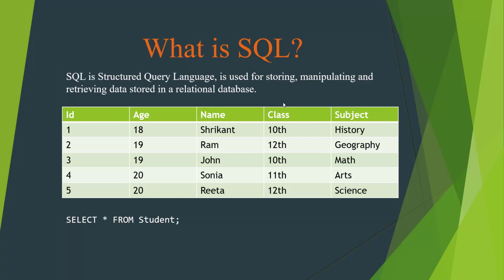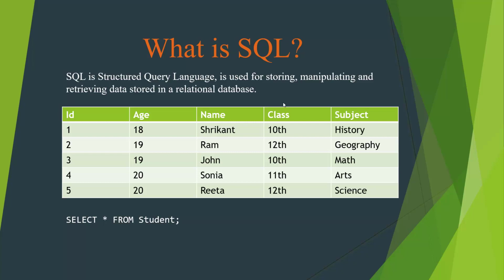Now let's understand what a table is and what a database is. A database is a collection of n number of tables. Suppose you have 5 tables: table T1, table T2, table 3, table 4, and table 5, all stored in one place.